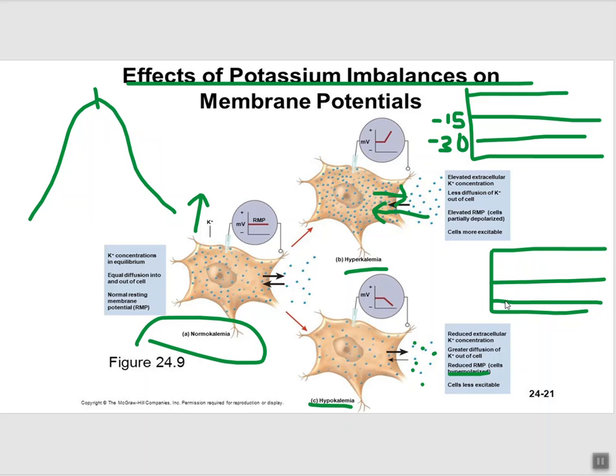It's going to be much harder for it to reach threshold because I'm taking it, say, from negative 30 to, say, negative 40, for example. I'm taking it further down away from threshold. On the positive side, these cells are going to be less excitable because they have to have an extraordinarily large stimulus to reach threshold, but they should repolarize very quickly because there's so little potassium outside that the potassium will not have as much resistance.